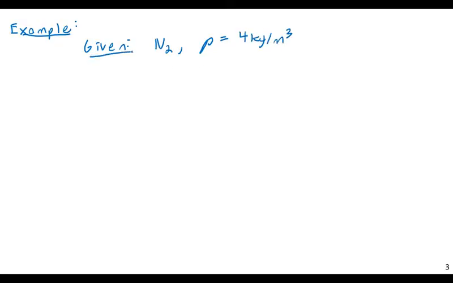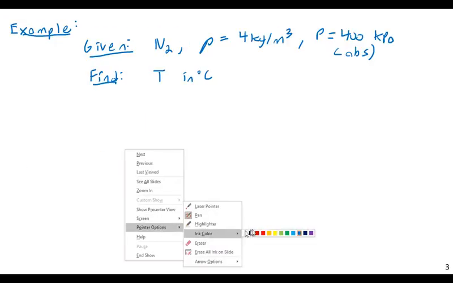So all this is given. And a pressure of 400 kilopascals absolute pressure. And if at any time you can't read my terrible handwriting, please feel free to raise your hand, and I'll try to fix that. And find the temperature in degrees Celsius. So this is going to be a fairly straightforward application of the ideal gas law.